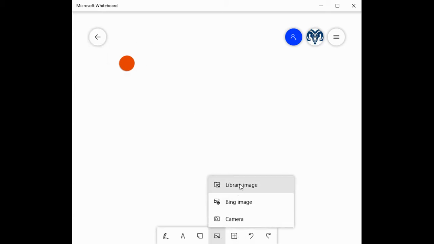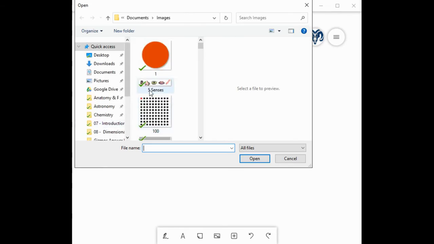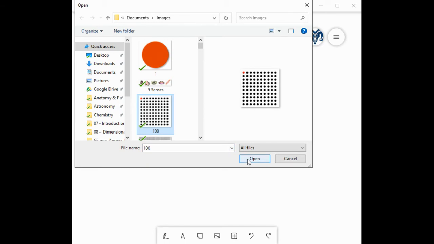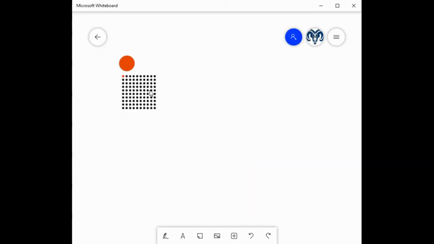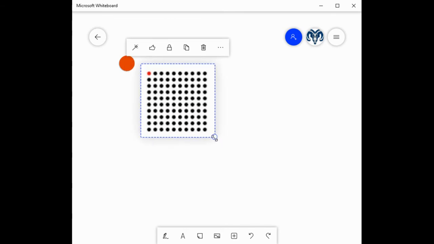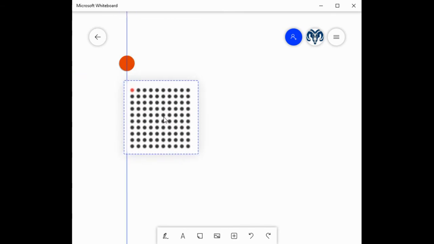So what I want to do is show you what another number would look like. Okay, so now this number, there are 100 here. There are 100 dots in this image here, okay? And so if this is 1, there's 100 here.